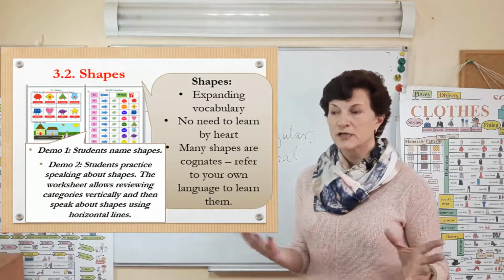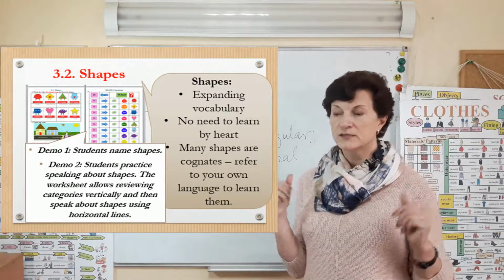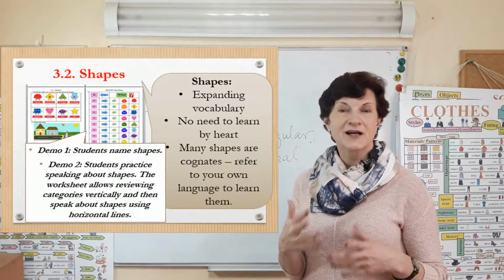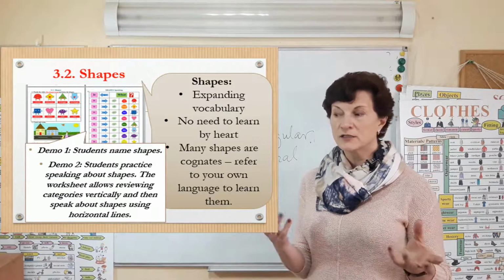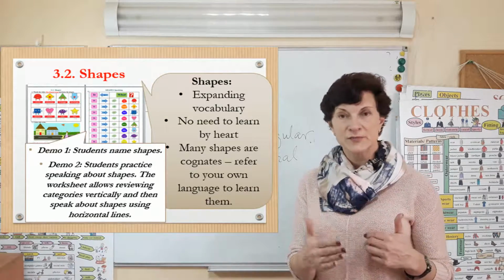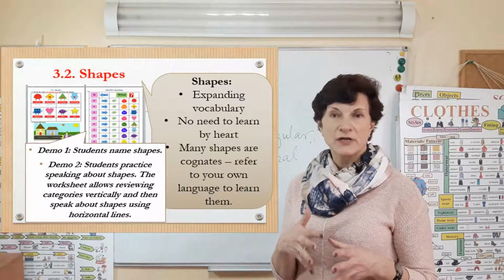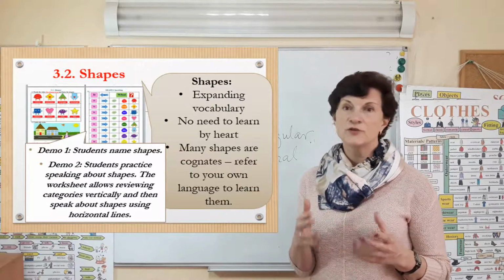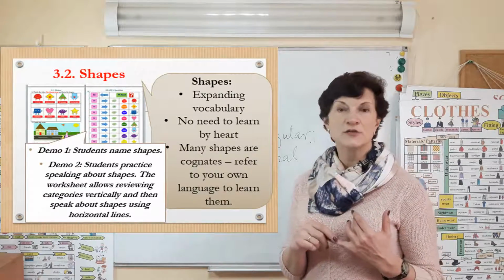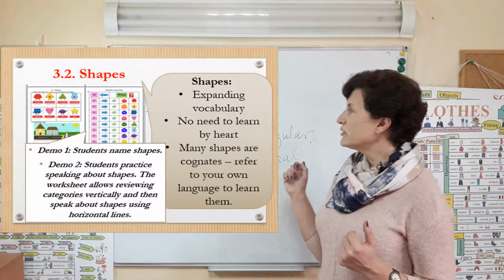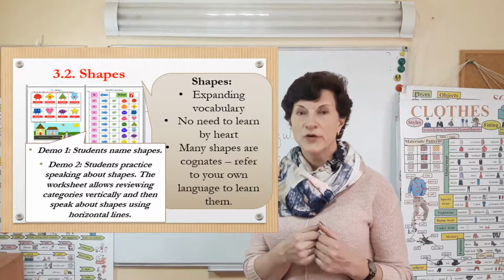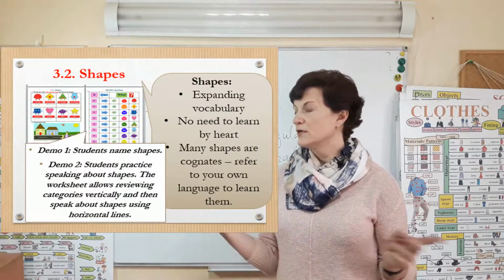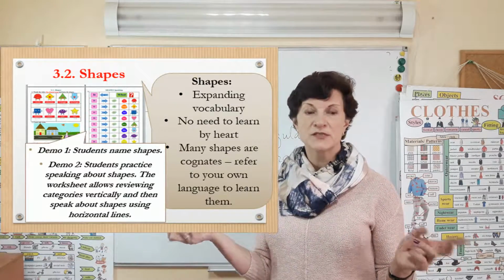For example, for us, these shapes will contain a couple of cognates, such as oval and circle. We will be able to find the similar words in the Ukrainian language. Probably you can find the cognates in your own language. So another wonderful activity is just pointing, counting, then coloring the shapes.